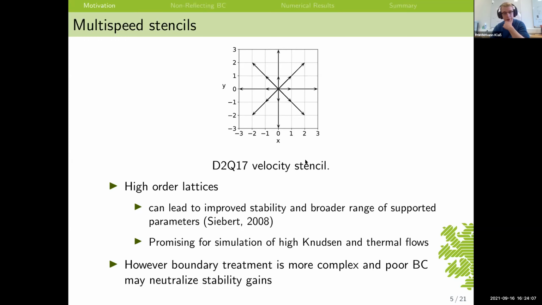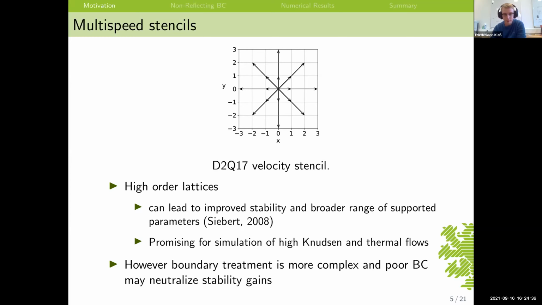However, it comes at a cost. Not only is it computationally more demanding, boundary treatment is also more complex because, having now a displacement of 3, as you can see in this depiction of the D3Q27 velocity stencil here, we now have 3 layers of boundary nodes to treat, and poor boundary conditions may well cannibalize this conceptual gain from the higher order lattice and the higher order quadrature.